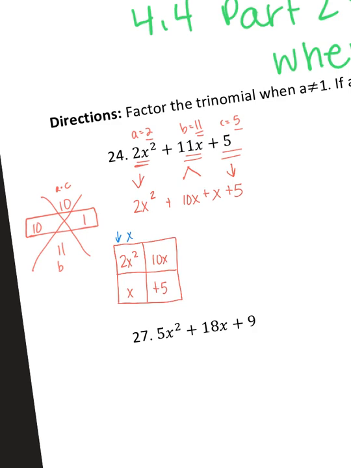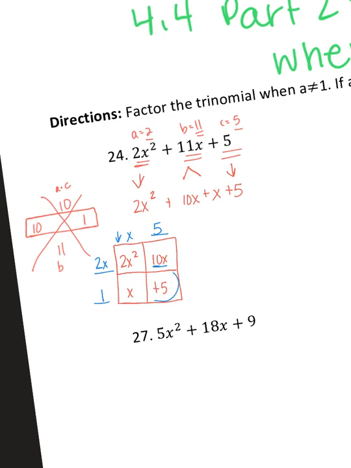And then we know that x times what is 2x squared? That's 2x. And then 2x times what is equal to 10x? That would be 5. And then if we go down here, x times what is x? Well, that would be 1.